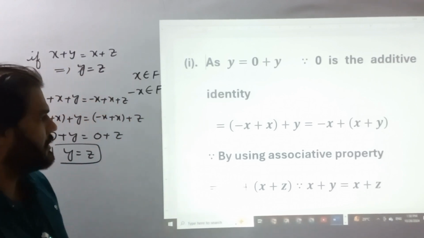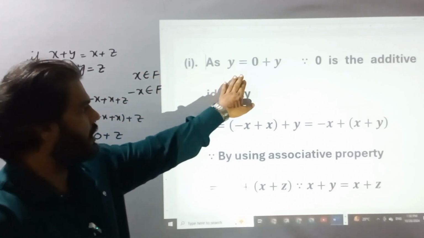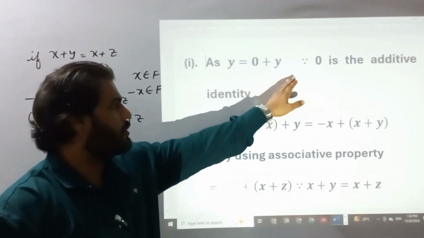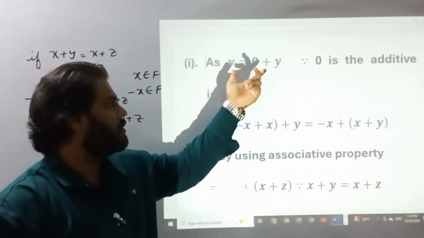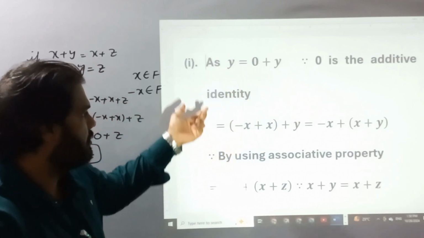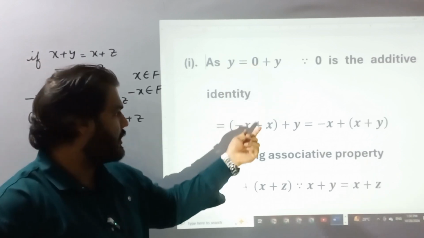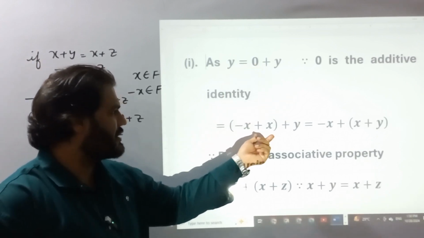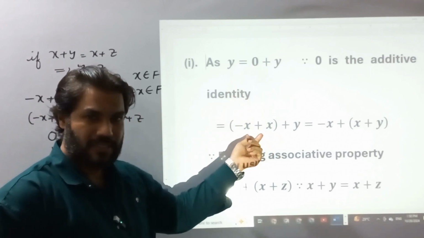The second method is here. We can write y equals 0 plus y, because 0 is the identity, so we can add 0 to y and there will be no change in y. Now, because 0 can be written as minus x plus x, we replace 0 with minus x plus x.